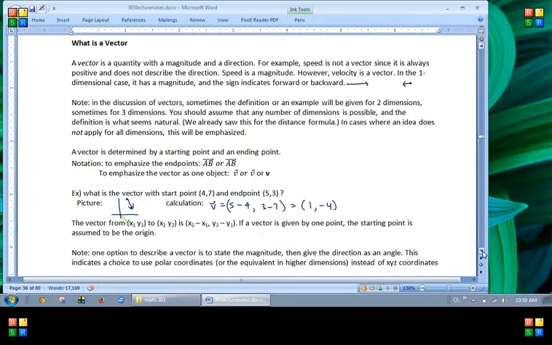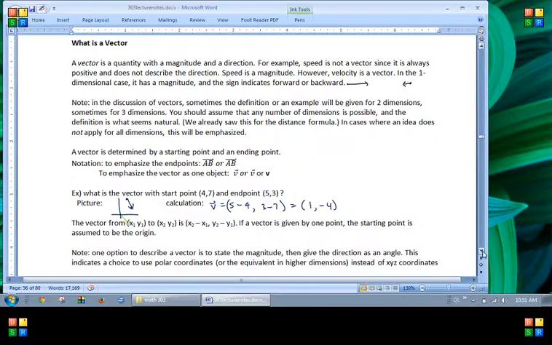And so this was a question, I think. One option to describe a vector is to state the magnitude, then give the direction as an angle. For example, you could say the magnitude is 5 and it's pointing up, so the angle would be pi over 2. Those are polar coordinates, or the equivalent in higher dimensions.